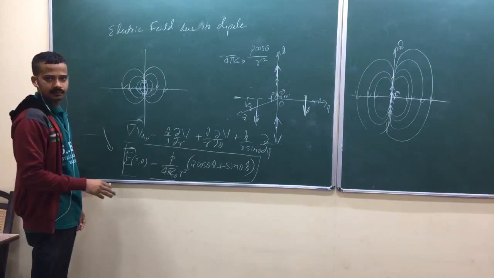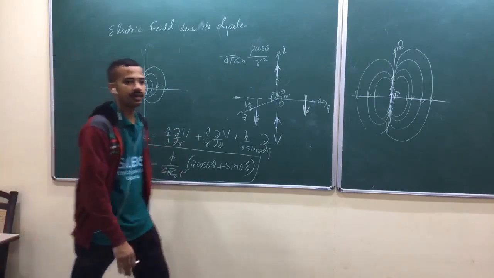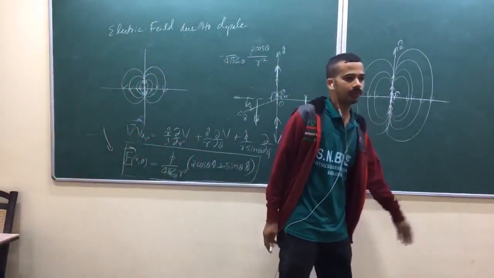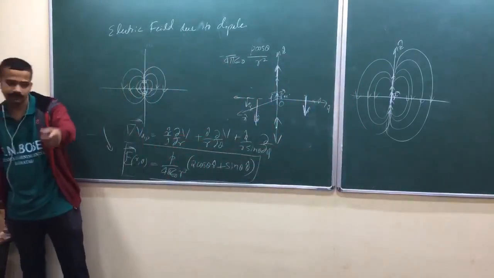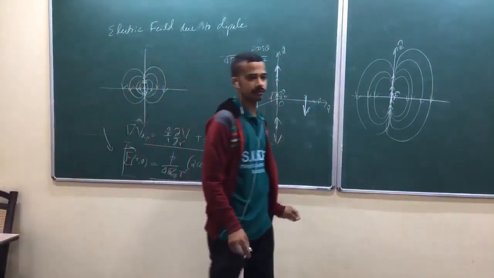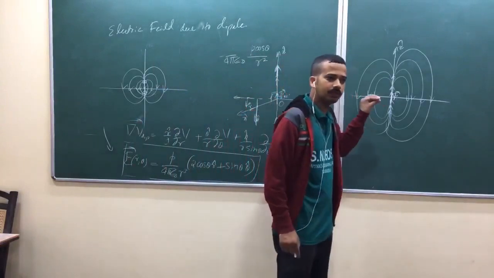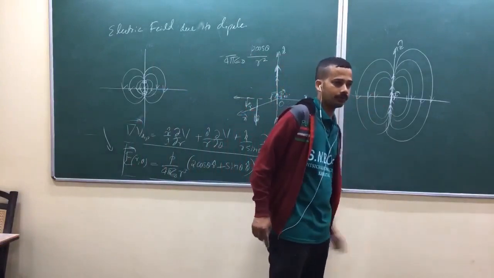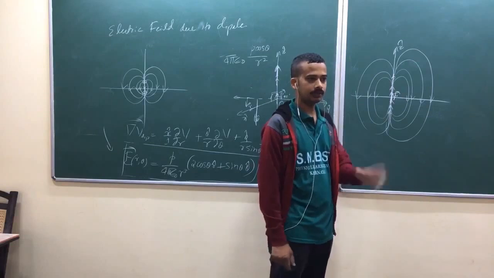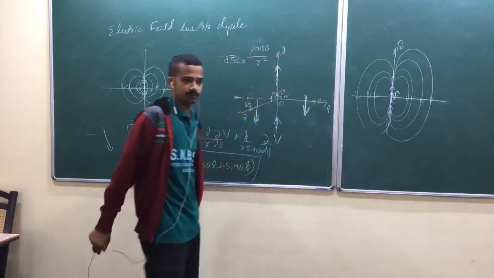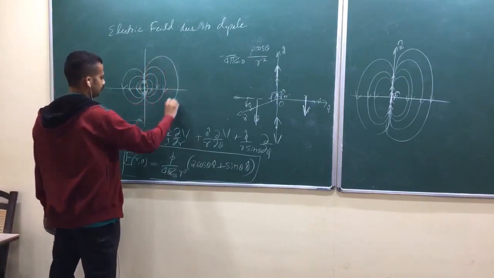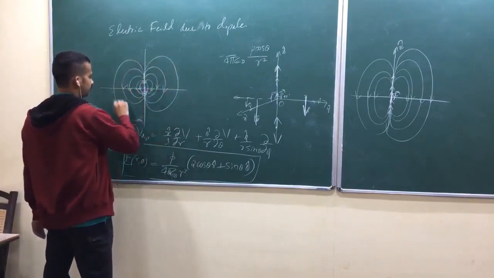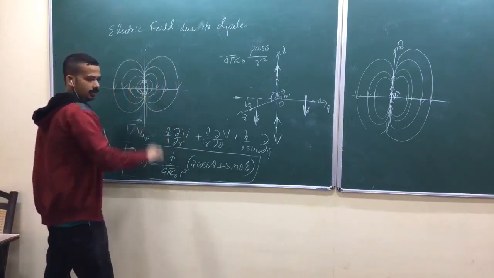Isn't it? You have to show like this. This is the field due to physical dipole. This is the field due to pure dipole. You should not show where the positive or negative charge is. And see that one, he hasn't written the P vector also. He has assumed there is one dipole, a point dipole at the origin, and he has just drawn the field due to that one. Okay? Field due to pure dipole, field due to physical dipole.